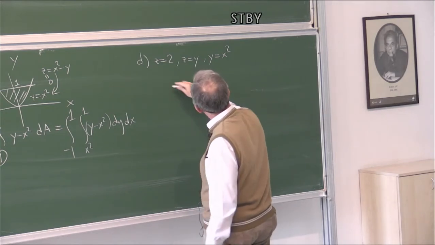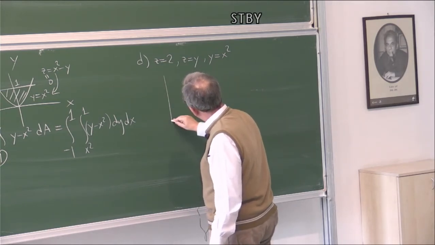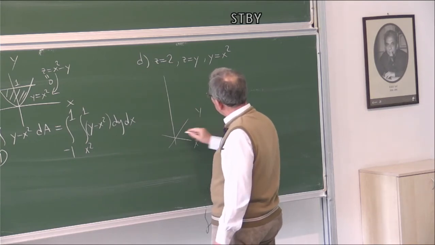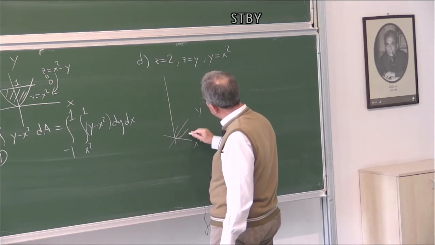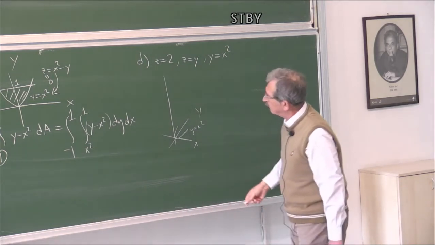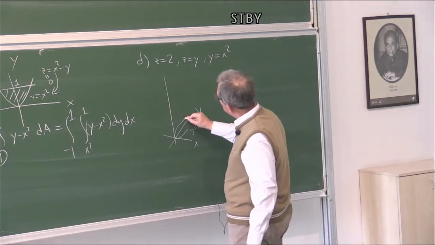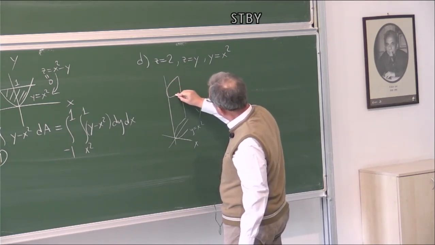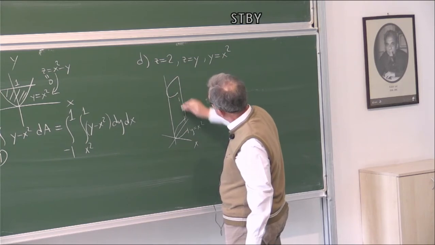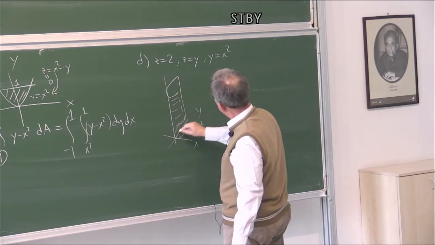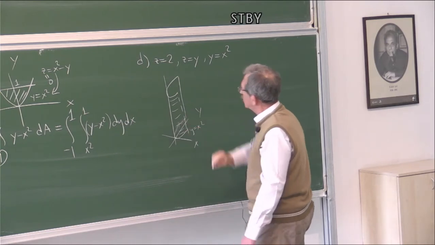Let me put them in a coordinate system. Well, y is x squared, and it goes up and down. Maybe I should show it like this.